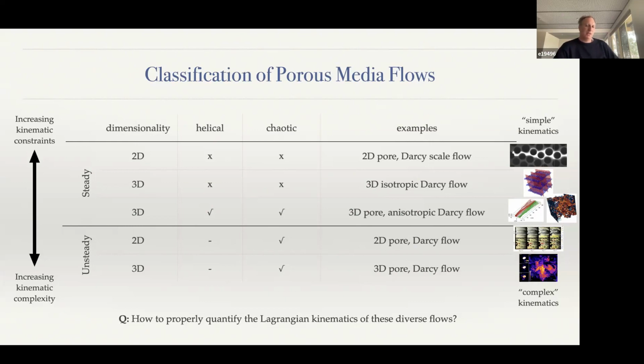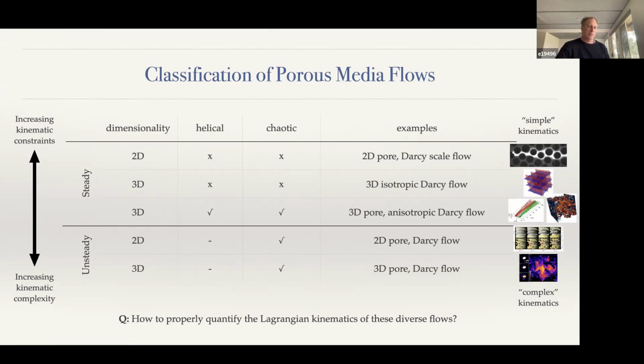And then as we move down the table, we're essentially releasing those kinematic constraints, and we're considering flows with more kinematic complexity. So the simplest flows at the top are steady two-dimensional flows. They're non-helical, they're non-chaotic, and for example, they might be steady 2D Darcy or Porous Darcy scale flows.